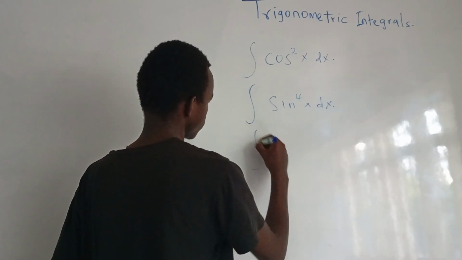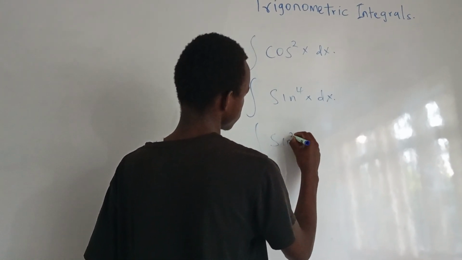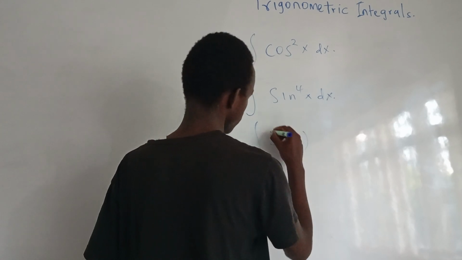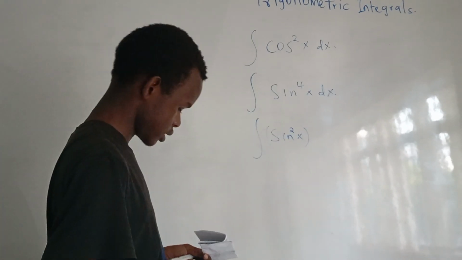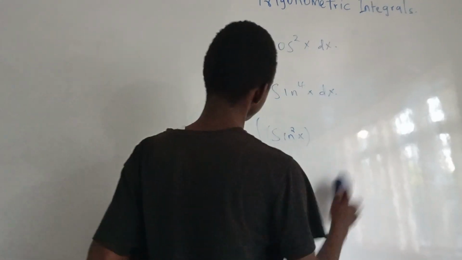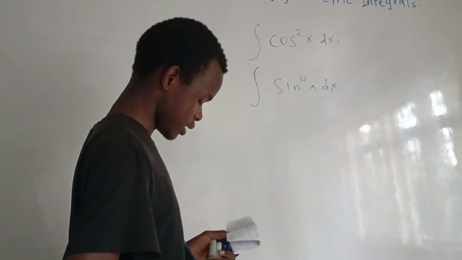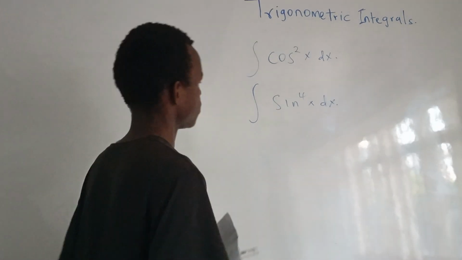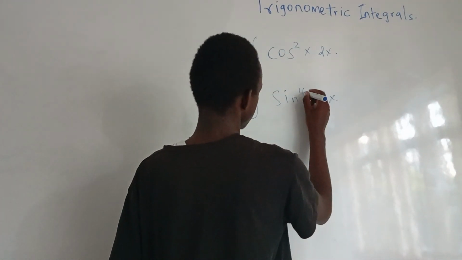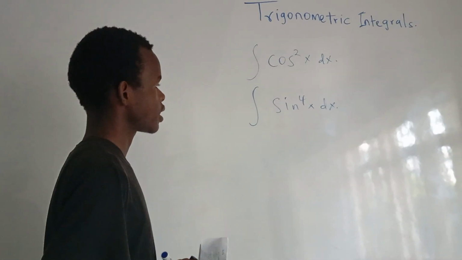I'm breaking it down into the square of sine squared of x. It's just the same as squaring that. Okay, let me clear that. So if I'm given any even power of sine, my first thought is that it's going to be the power reduction formula.